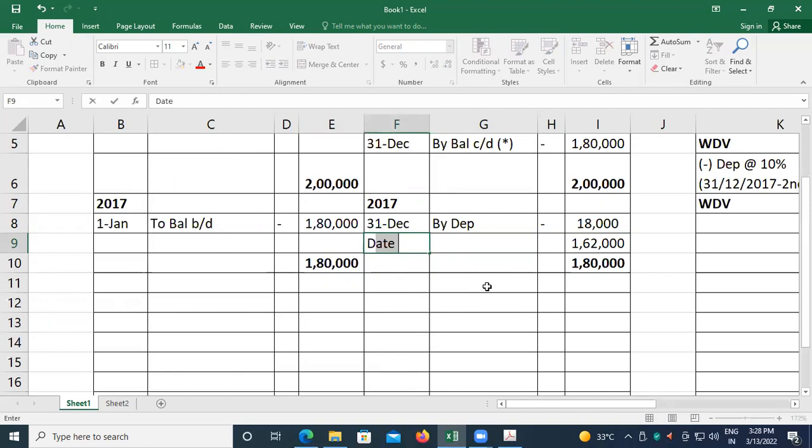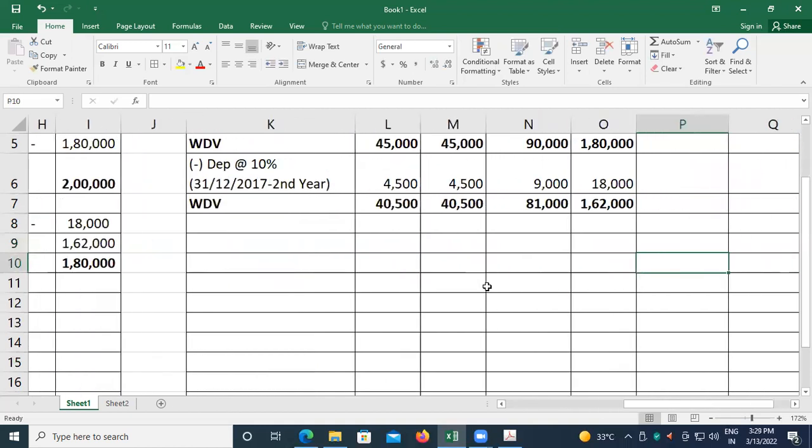And let us calculate now the balance at the year end. So what will come here? By balance. I'll keep it as it is. I'll make it bold. 1,62,000. So 2 years we have completed as of now. So now we are going to see the next year. We also got the balance 1,62,000 here, and here also 1,62,000.